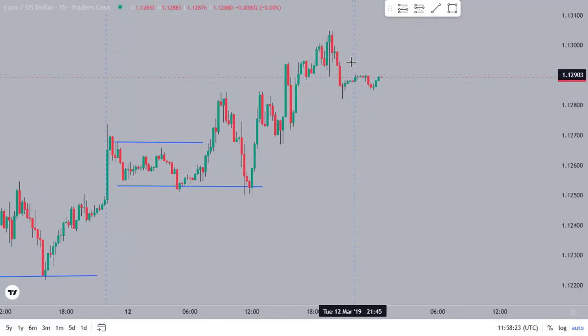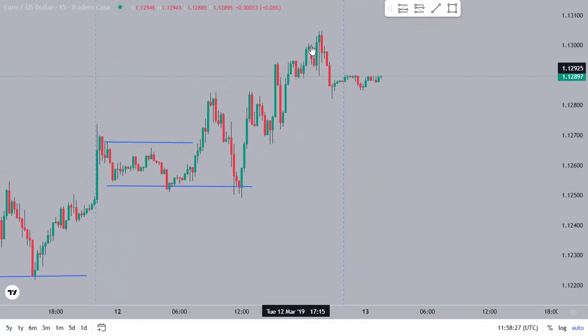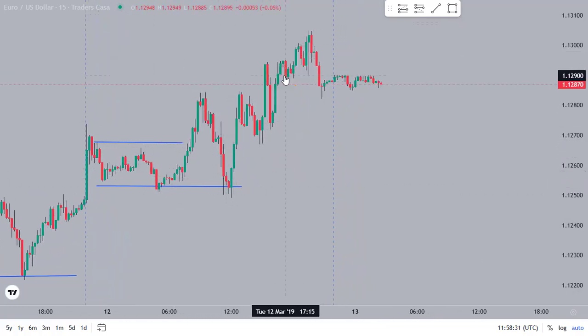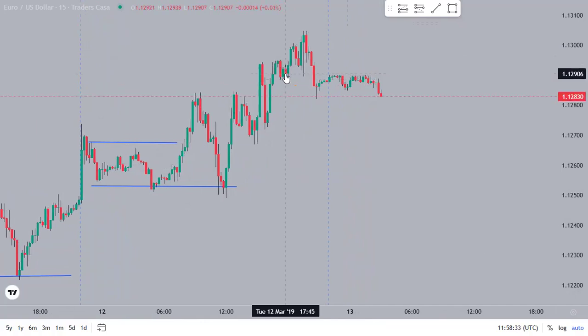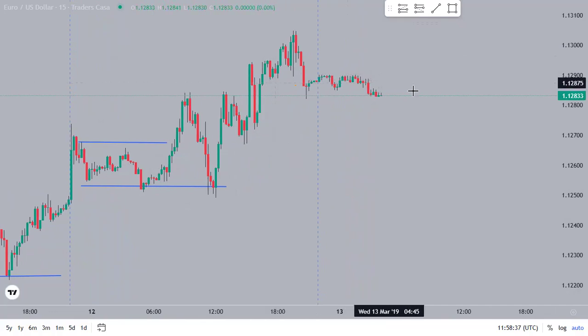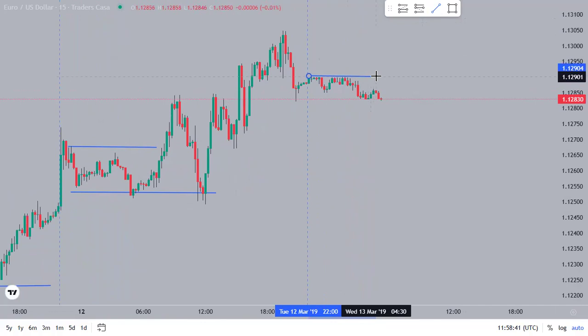So the day did end. We were on a bullish trend also on this second day. This is 12th March, 2019. We are back in consolidation again.